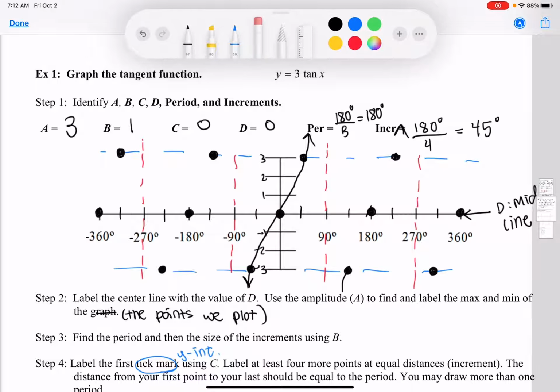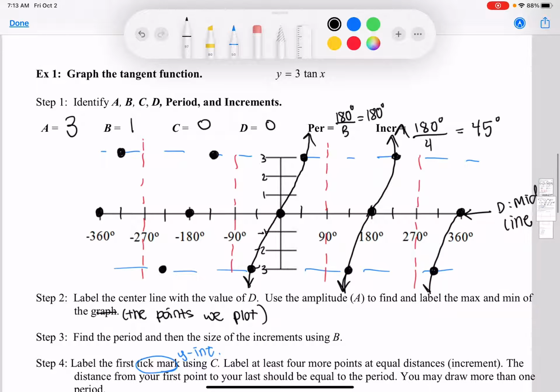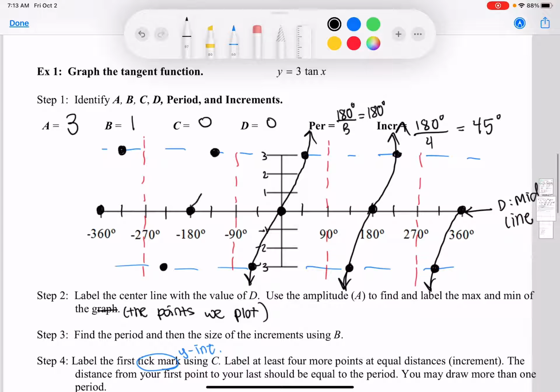Come on. All right, and there we go, our first example.